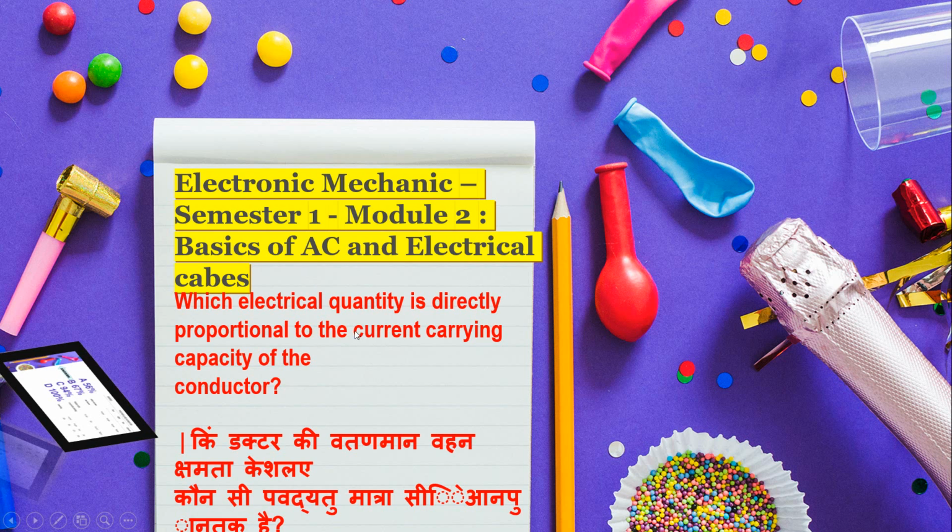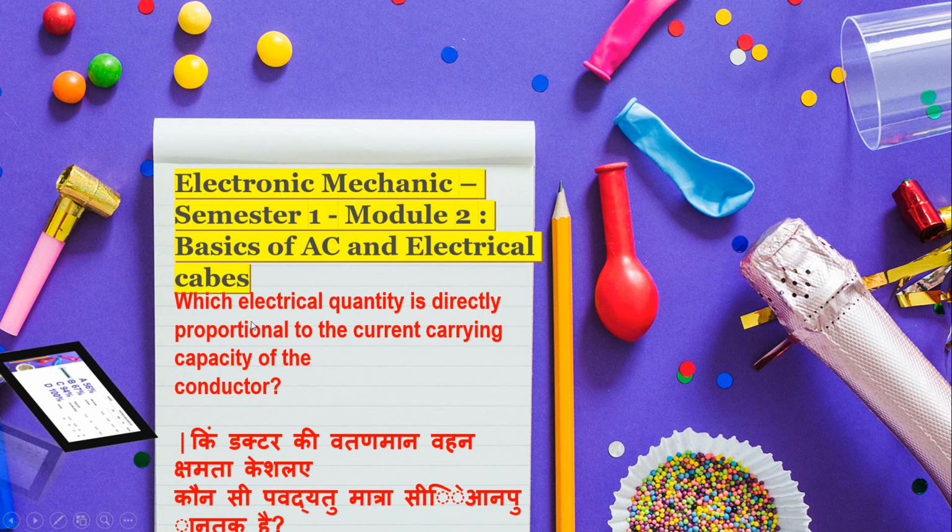The question is: which electrical quantity is directly proportional to the current carrying capacity of the conductor? Here, I means the current carrying capacity of the conductor. We know the formula I equals V divided by R, right?